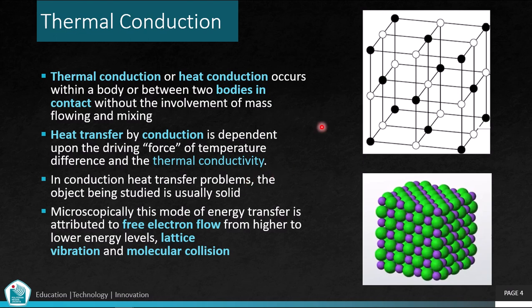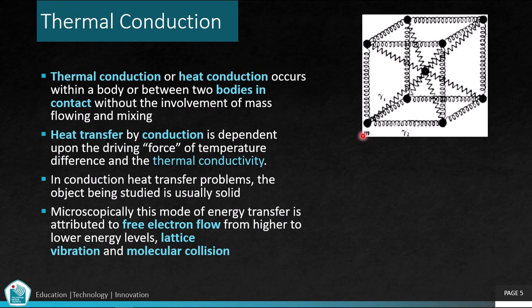We can see there is an atom, and an atom, something like this. And molecular collisions means the molecules inside a solid phase, or inside a phase of matter, collide with each other.